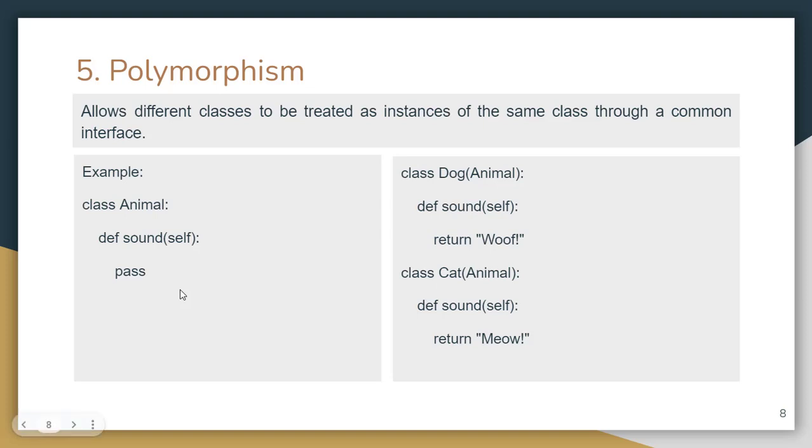I am not defining the sound method inside Animal, but I am defining or redefining the sound method inside Dog and inside Cat. This is an example of polymorphism.